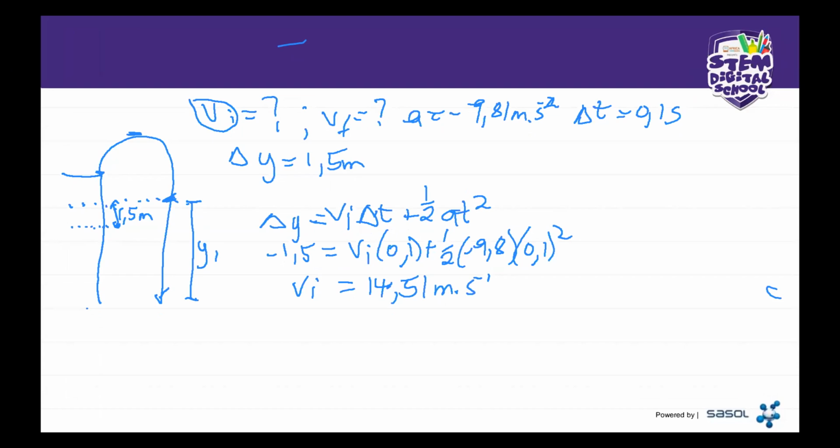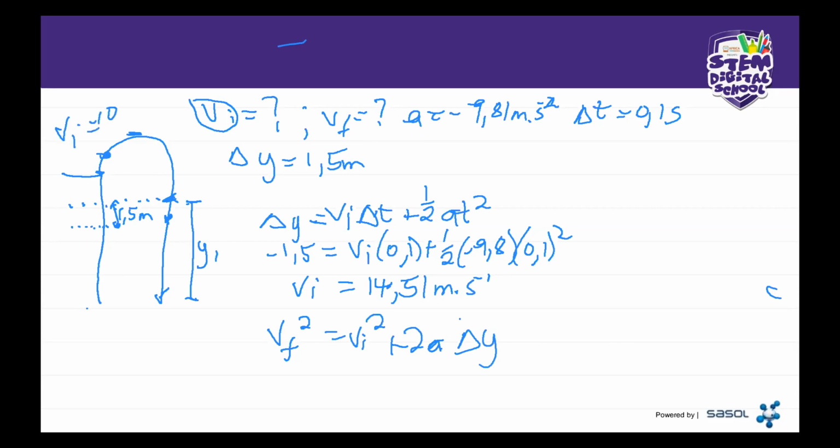Okay. So now we're going to go to this formula here. Vf squared is equal to Vi squared plus 2a change in y. Okay. So now, because we've got a velocity here and a velocity there, we go back to our original one where our Vi is equal to 10.